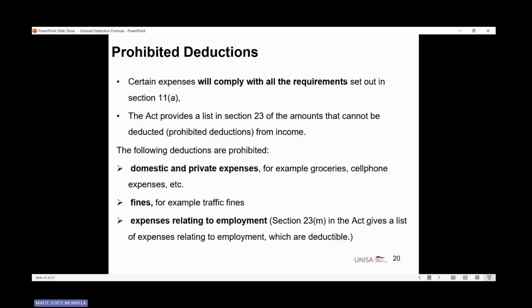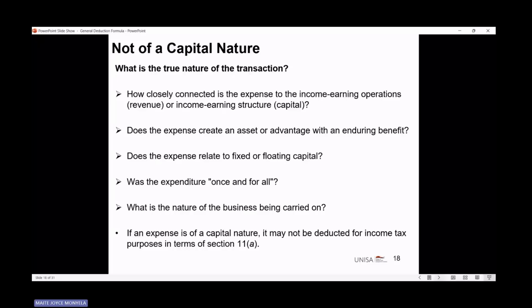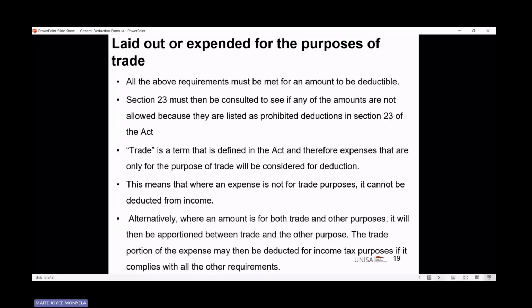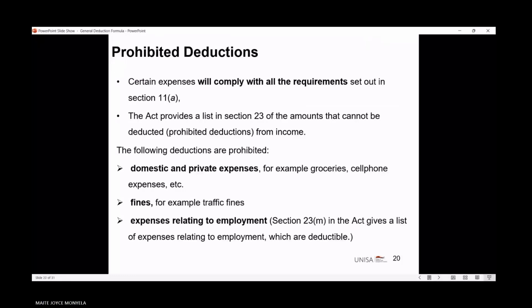So I was talking more about prohibited deductions under Section 23. Now we'll talk about Section 23. Certain expenses will comply with all the requirements set out in Section 11A of the Income Tax Act.